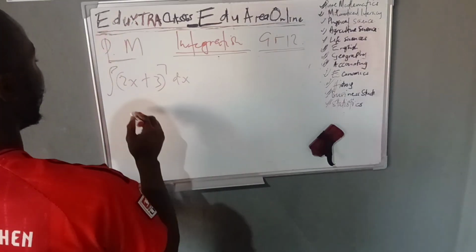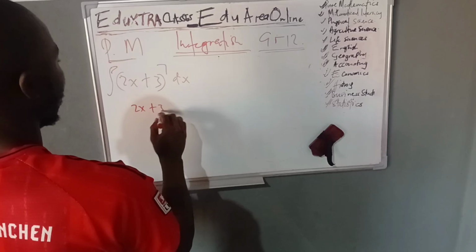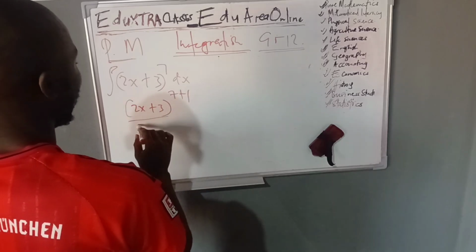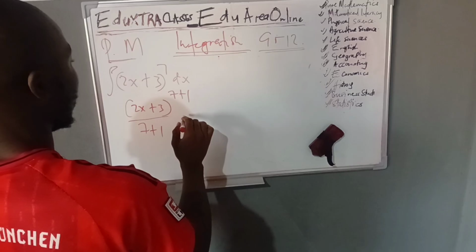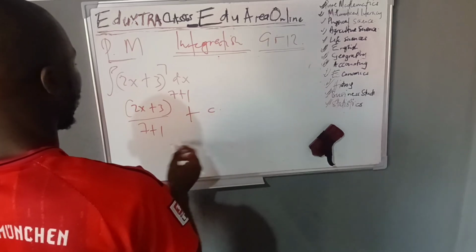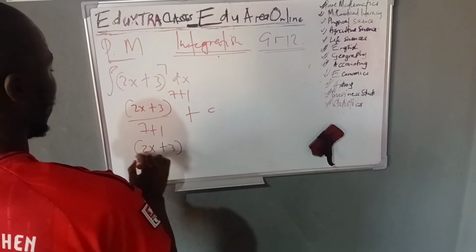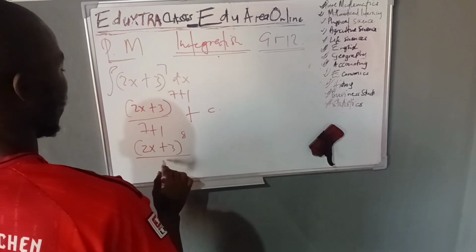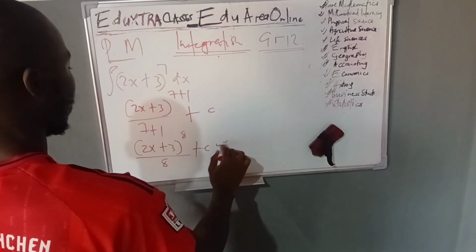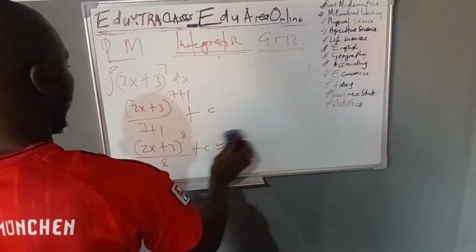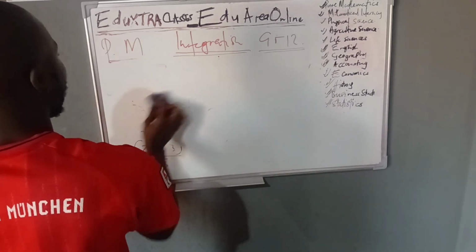So what do we need to do? We can say 2x plus 3 to the power 7 plus 1 over 7 plus 1 plus a constant c. That gives us 2x plus 3 to the power 8 over 8 plus c. This becomes our result for the integration.